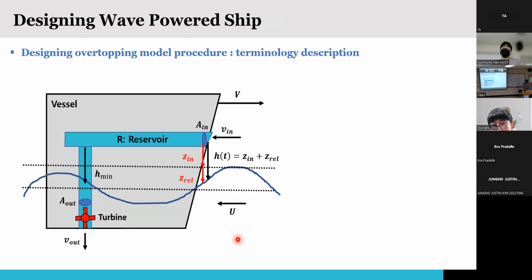You're asking because with this application the velocity of the ship can be changed. I'm not sure, but what do you think? What I believe is that the size of the turbine used here compared to the vessel is relatively small, so I don't think it would affect that much.